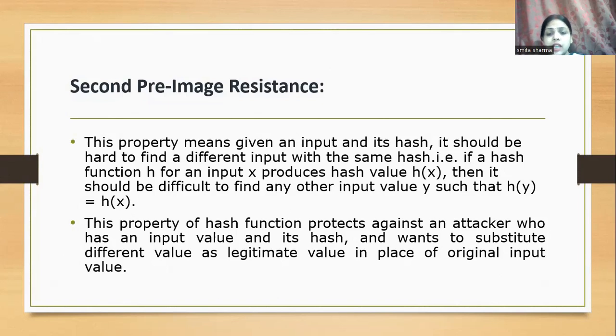It protects against an attacker who has an input value and its hash, and wants to substitute a different value as the legitimate value in place of the original input value. So the attacker will not be able to get a message with the same hash value.